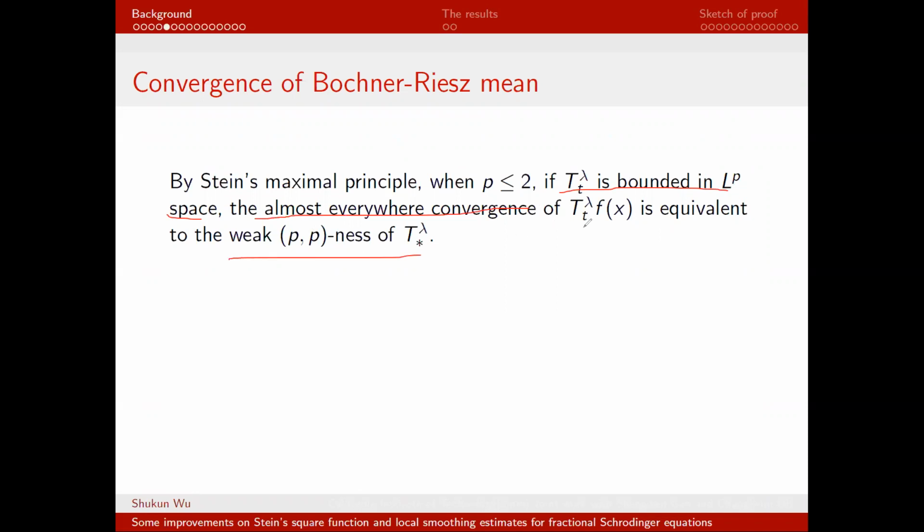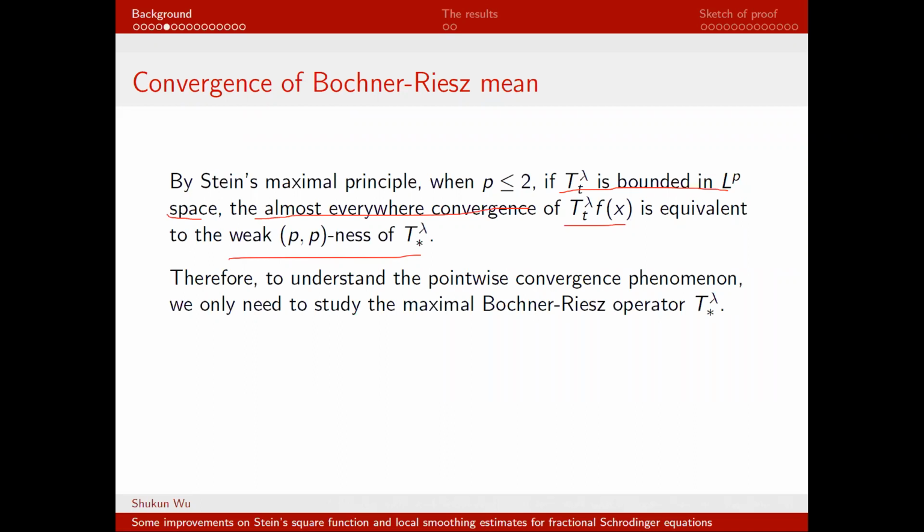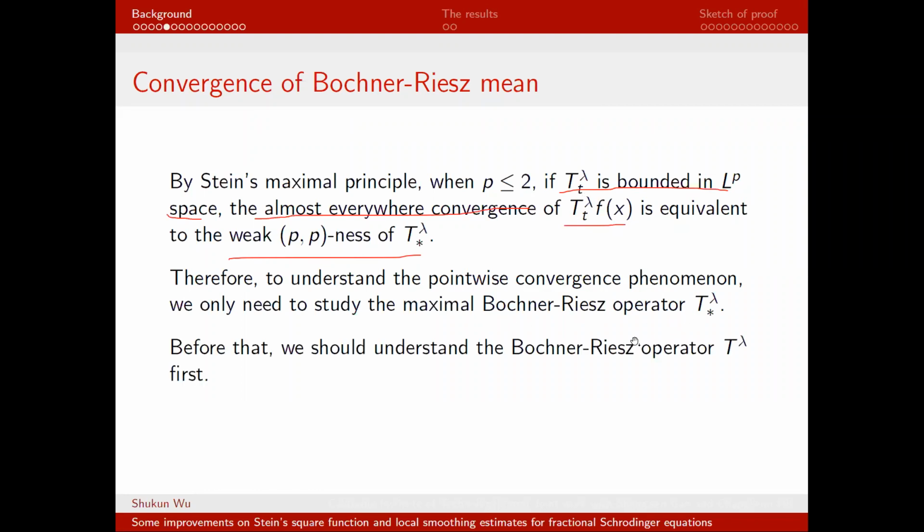The first one is that the partial sum converges to F almost everywhere. The second one is that the maximal operator is bounded in weak LP space. As a result, to understand the pointwise convergence of the Bochner Riesz mean, we only need to study the maximal operator.